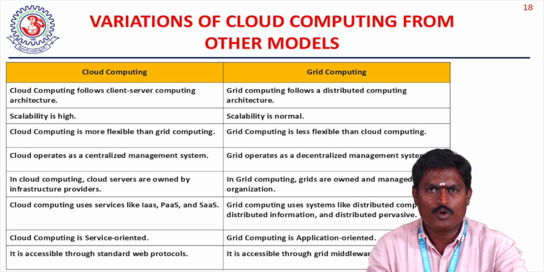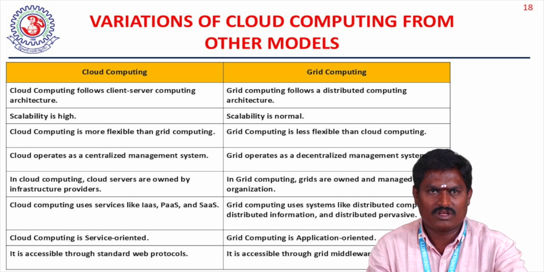So we see the difference between cloud computing and grid computing. Cloud computing follows the client-server computing architecture. Grid computing follows the distributed computing architecture. Cloud computing has high scalability, grid computing has normal scalability.